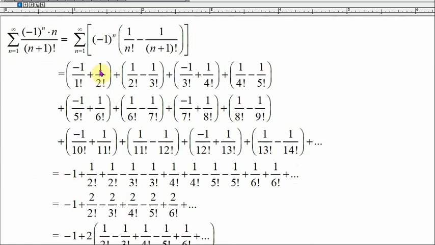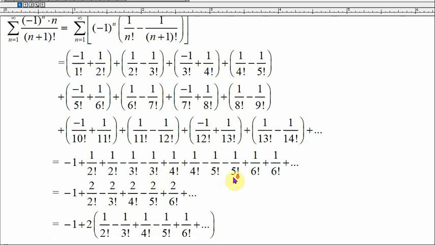And then we get 1 over 2 factorial plus 1 over 2 factorial. And then minus 1 over 3 factorial, and then negative 1 over 3 factorial. And then the pattern repeats again: 1 over 4 factorial, 1 over 4 factorial, and then minus 1 over 5 factorial, minus 1 over 5 factorial.